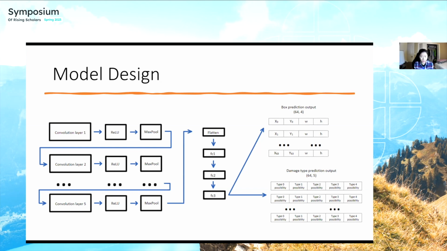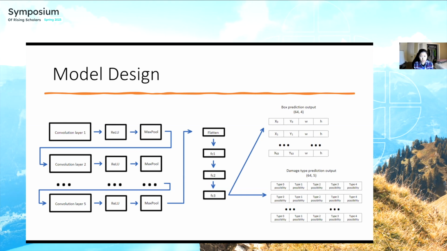The damage type prediction will be 64 by 5. The 64 again represents the 64 boxes, and the 5 values are the probabilities for each damage type. The damage type with highest probability is chosen to be the actual prediction. This output structure is designed to accommodate the fact that each image has multiple buildings.